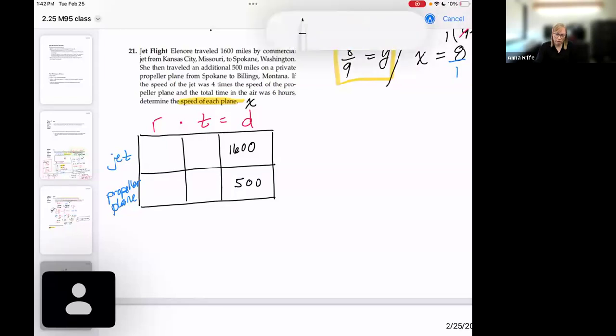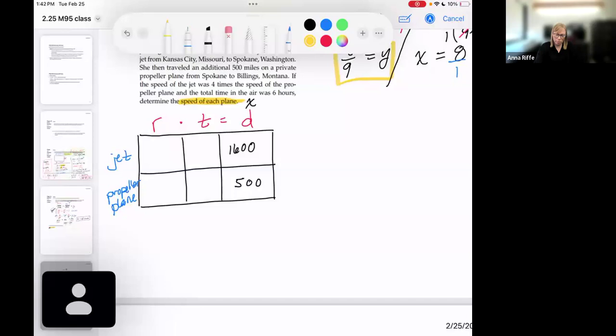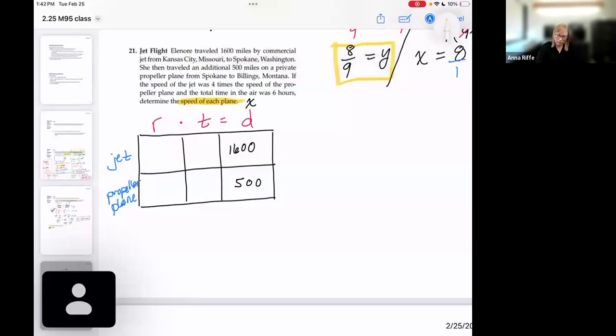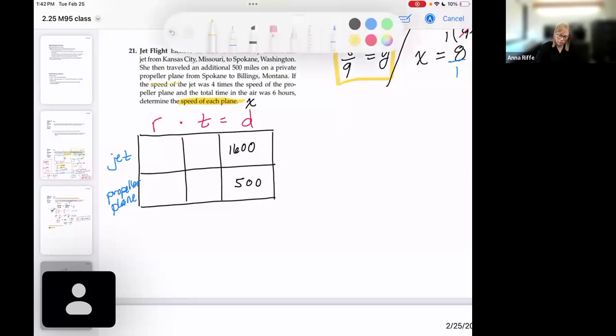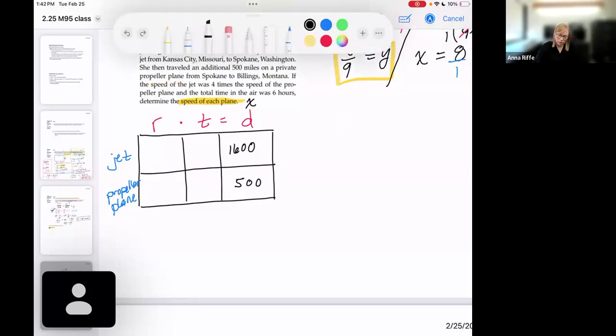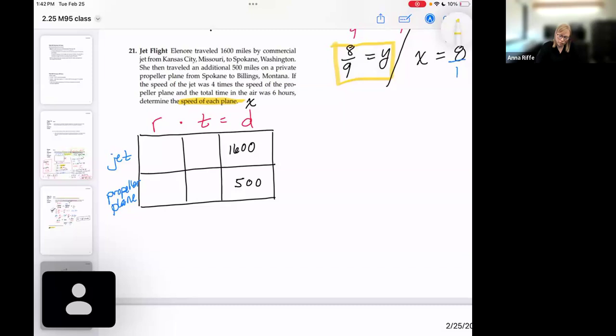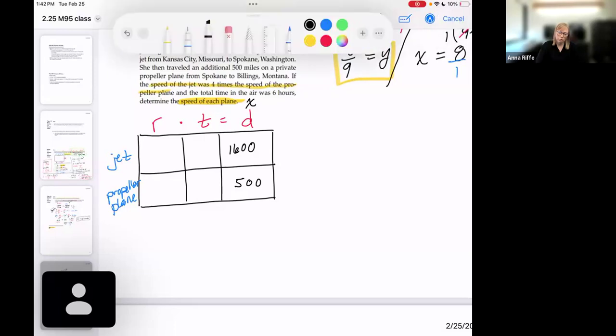Let's see if I know any other information about speed. It looks like the speed of the jet was 4 times the speed of the propeller plane. So if I call the speed of the propeller plane X, that means the speed of the jet is 4 times that, or 4X.